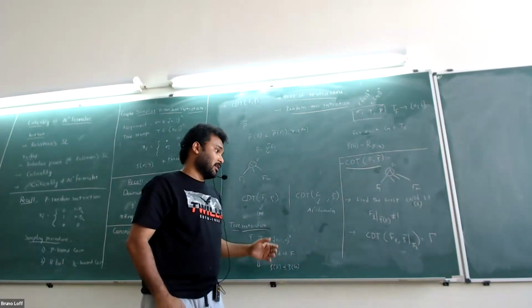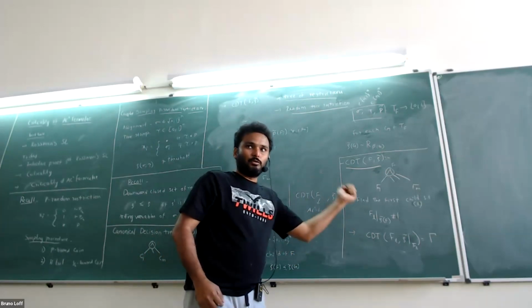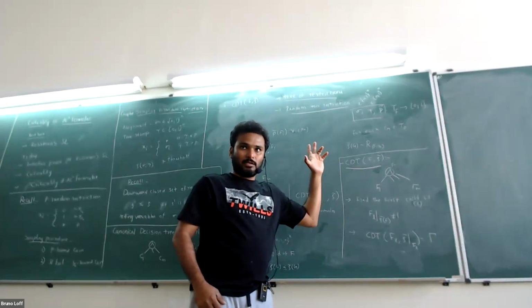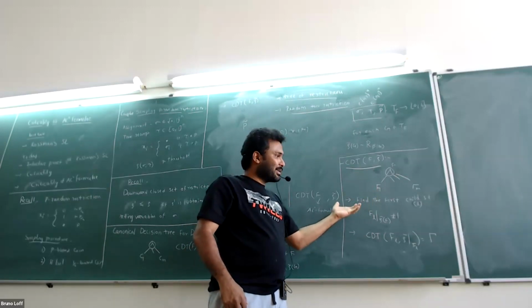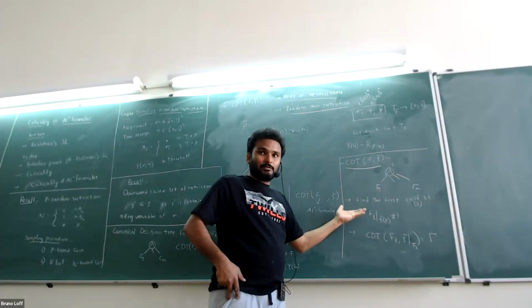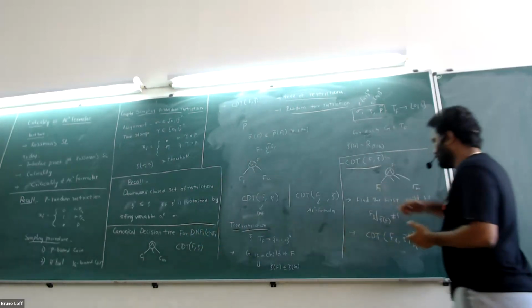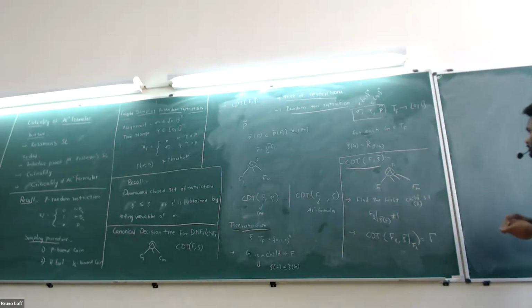Okay. So previously in the DNF case, what did we do? We found a clause and built a complete binary tree of it. Here we do not have a clause. Here we have a subtree, a decision tree. Previously we had a complete binary tree, and we attached that.